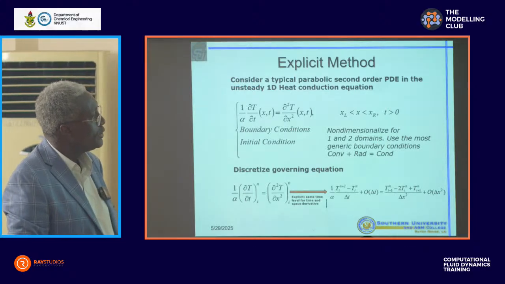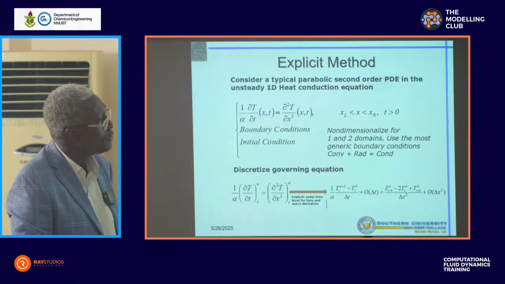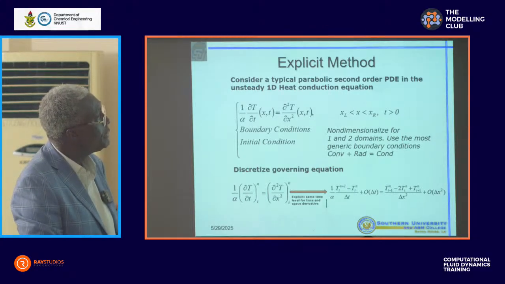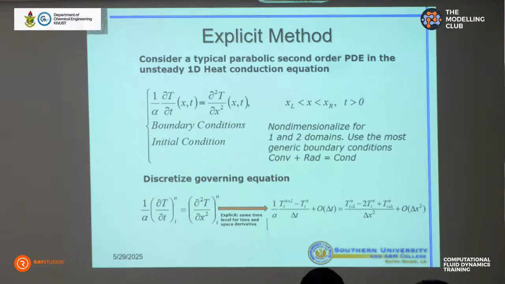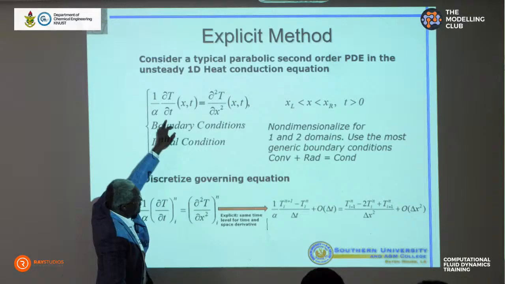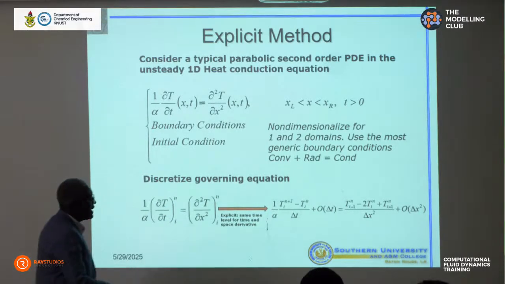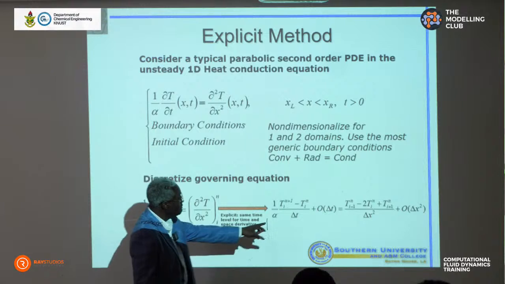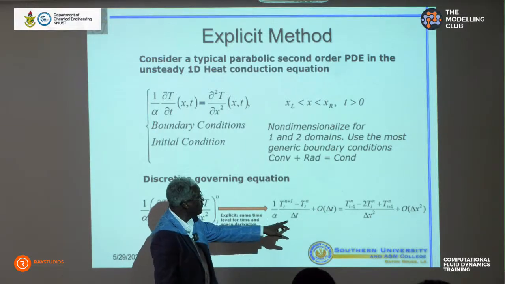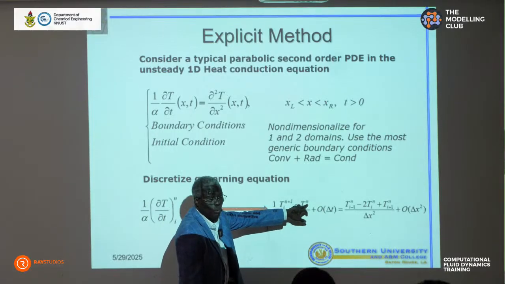And so to discretize these governing equations, you see that we replace the time derivative with this explicit form of the finite difference equation. Remember, we said in the explicit form you are going to obtain the value at the next time step based on the old time step.